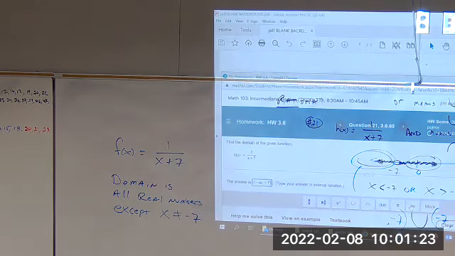But if I just put the mouse right over it, hover, right there it says union. Over here, intersection. So I want the union symbol. And then I want another parenthesis, because you've got to go from -7 to infinity.